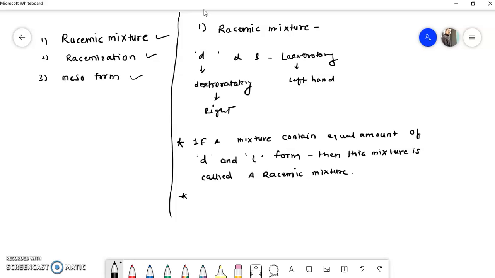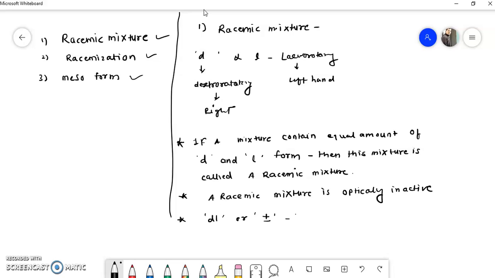Another important thing is that a racemic mixture is optically inactive, remember. It is represented by DL or plus-minus.